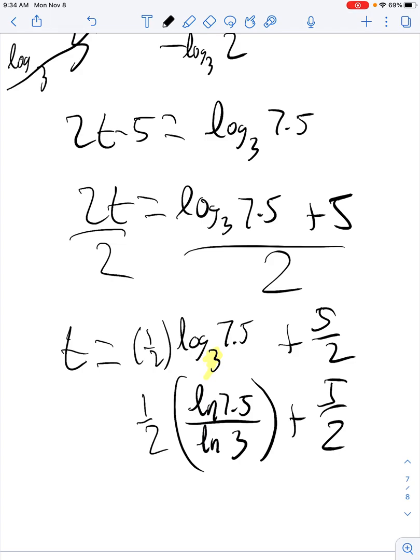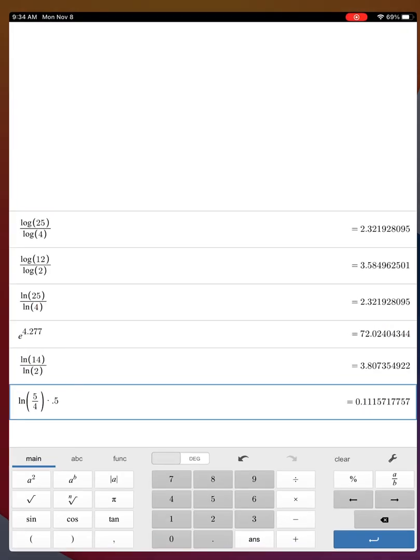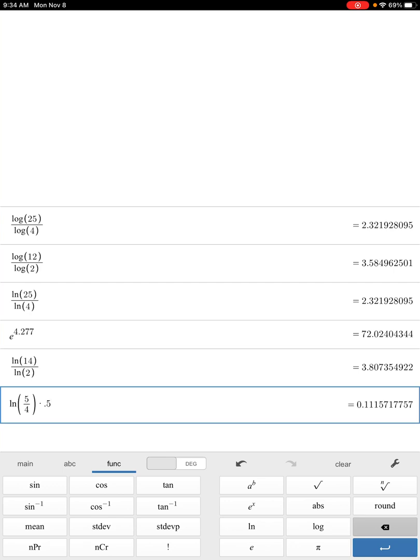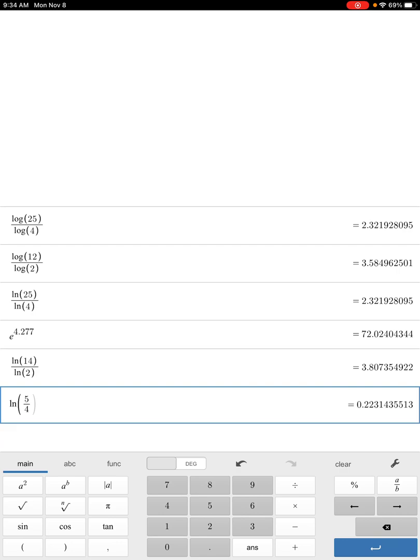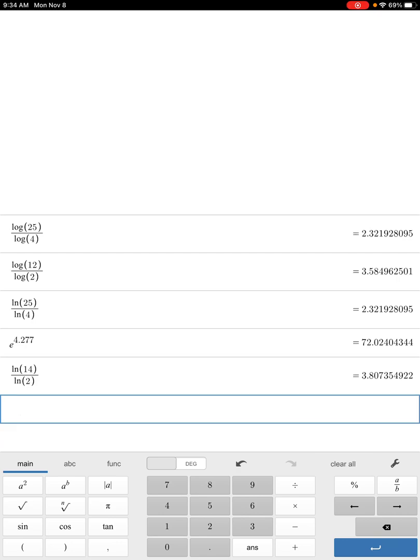That's kind of our workaround to not having to use a base of 3, because our calculator automatically goes to base of 10. Yes, it looks like our calculator is in base 10. So that's why we have to do that.